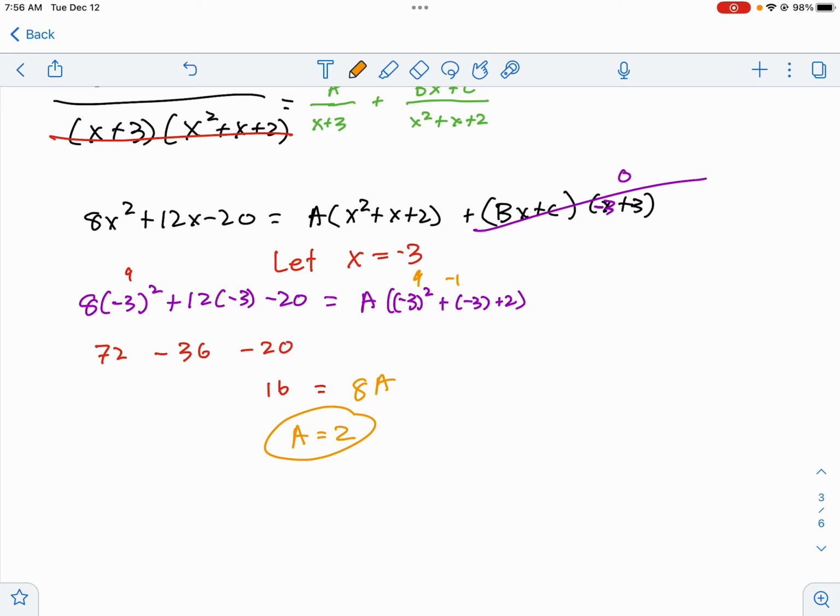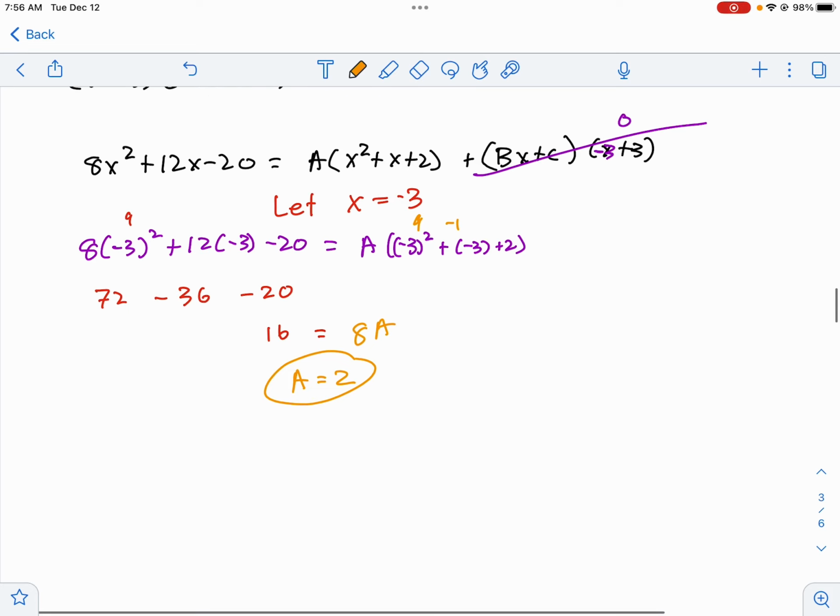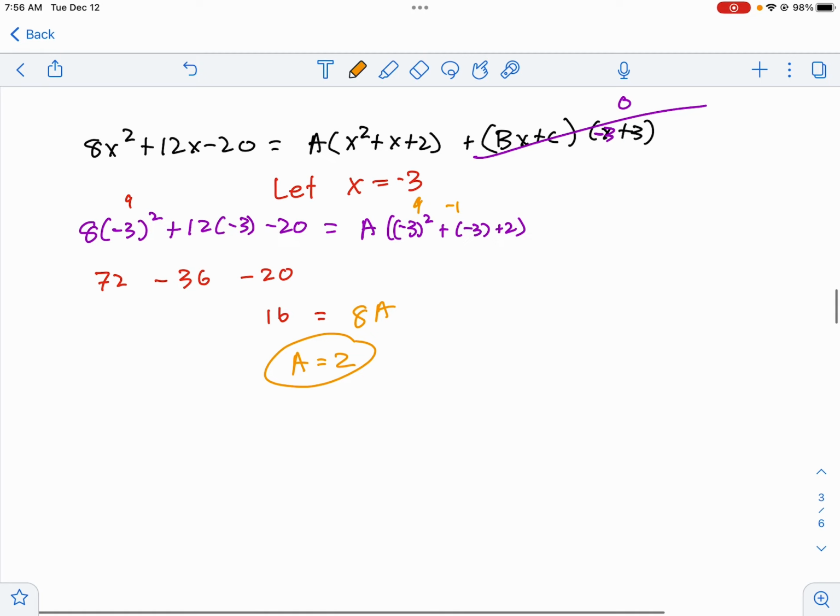So now I know A. You can use the traditional way of redistributing everything and comparing if you want. You can also just plug in 2 for A if you want. So there's a couple ways to do this.